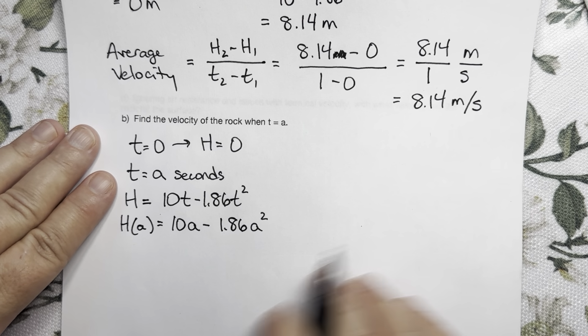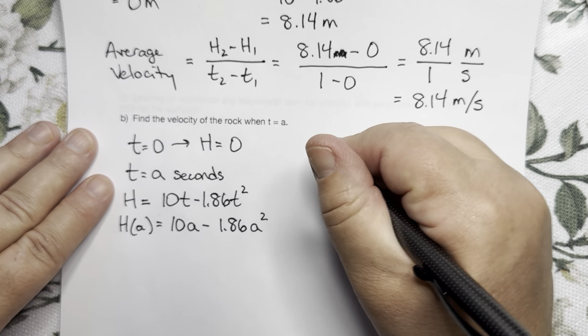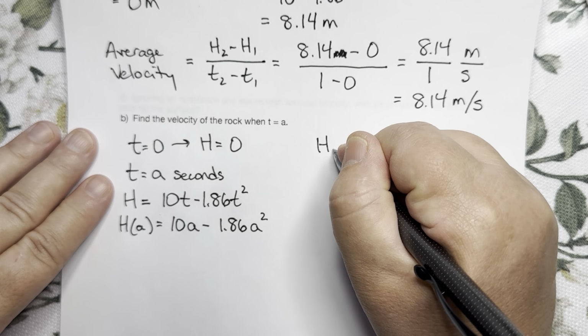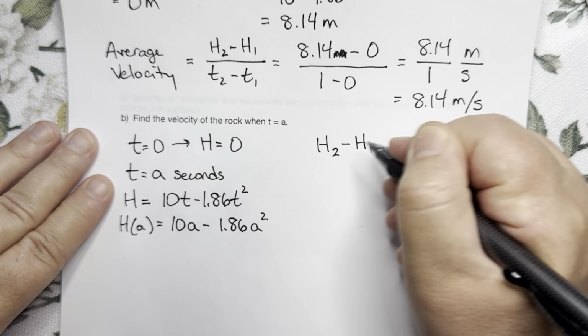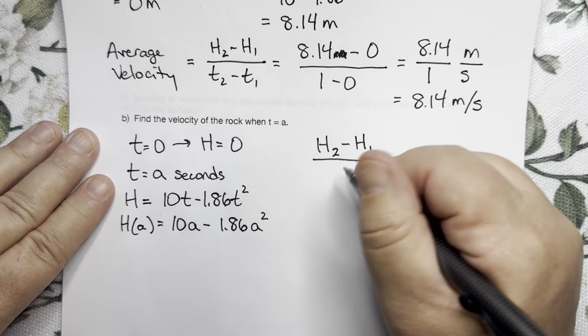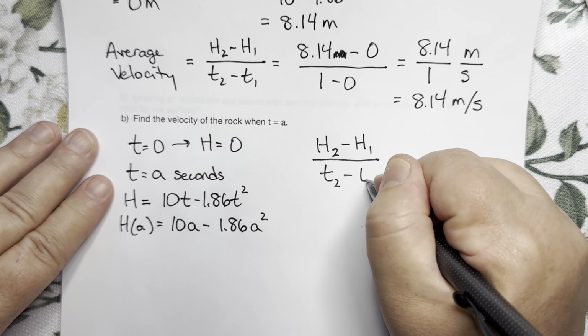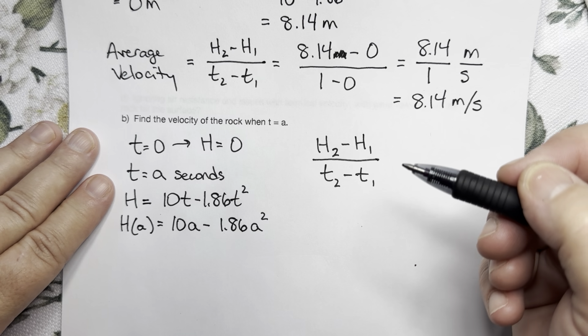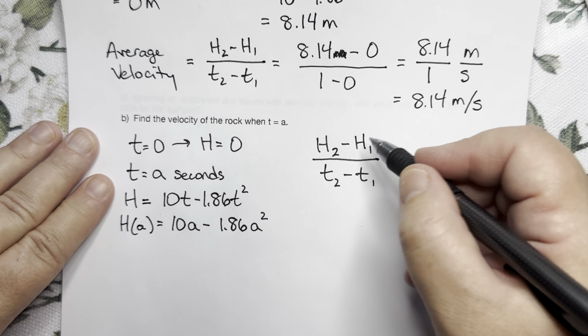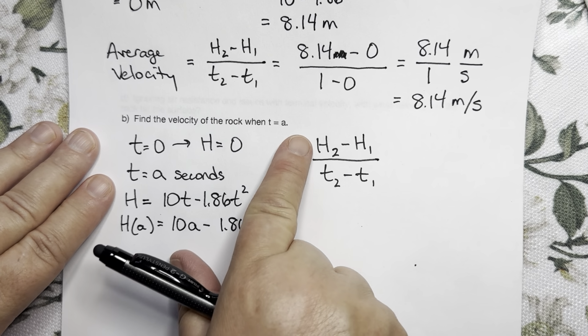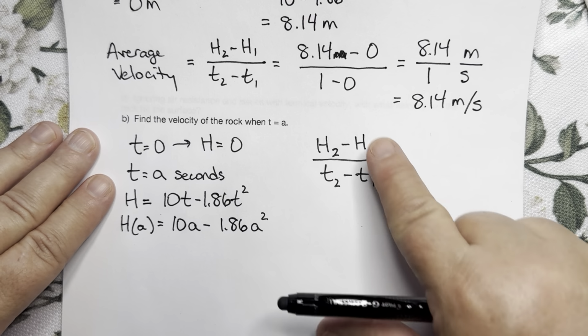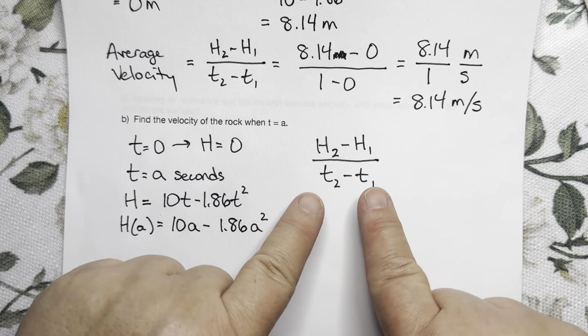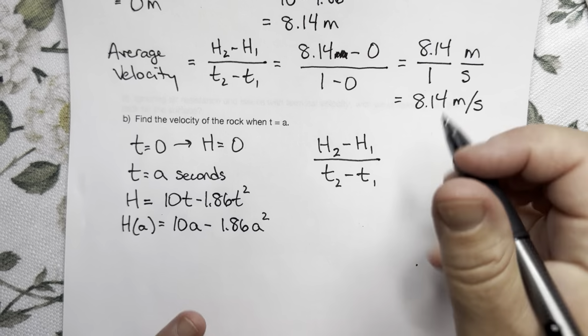And so then we can use this, again, if we want the average velocity: the second height minus the first height all over the second time minus the first time. And remember, you can do h1 minus h2 if you want. You could do this in either order as long as these two agree. So h2 has to be above t2, h1 has to be above t1, but if you want, you could switch the order.